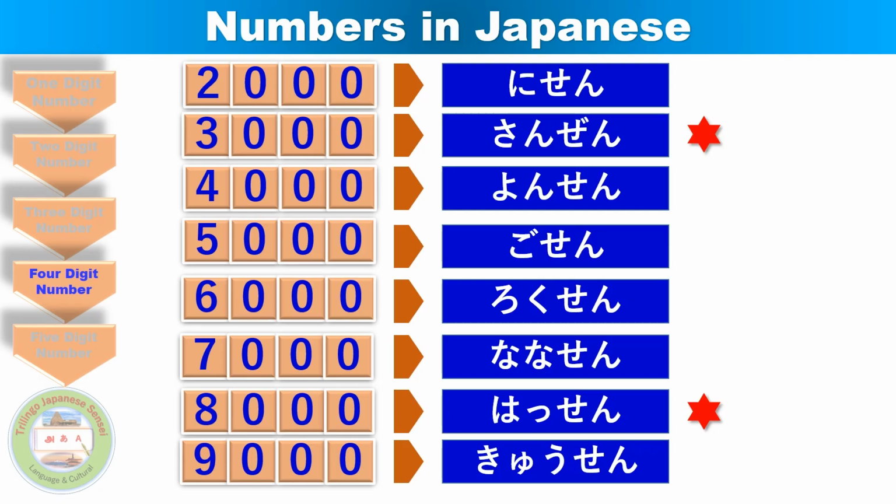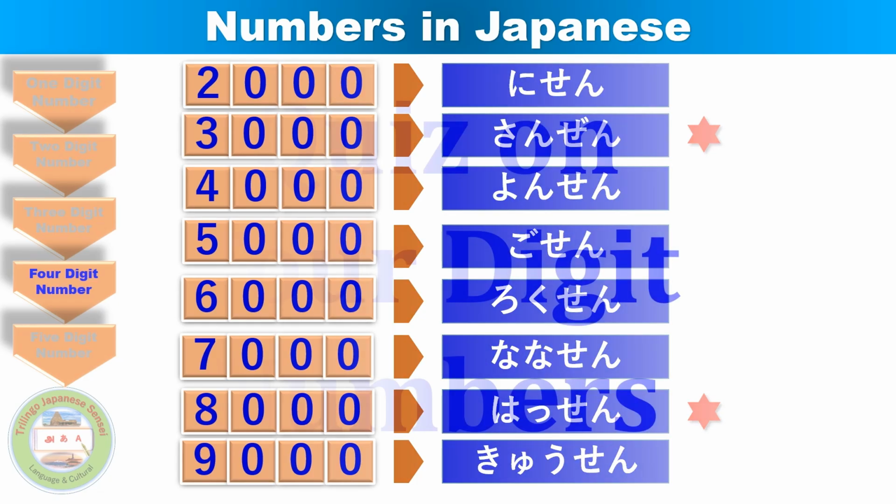So here also there are 2 points which need closer attention: 3000 and 8000. 3000 sanzen, 8000 hassen.